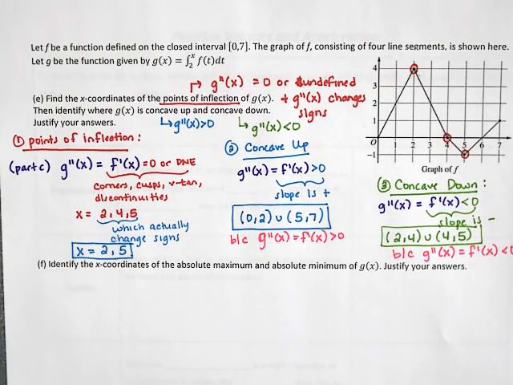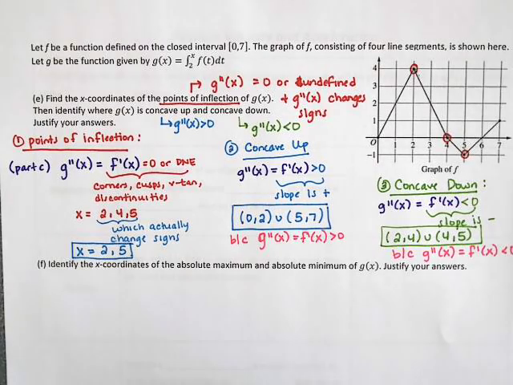For part F, it says identify the x coordinates of the absolute maximum and absolute minimum of g of x. Justify your answers. So we need to remember what absolute maximum and absolute minimum mean.